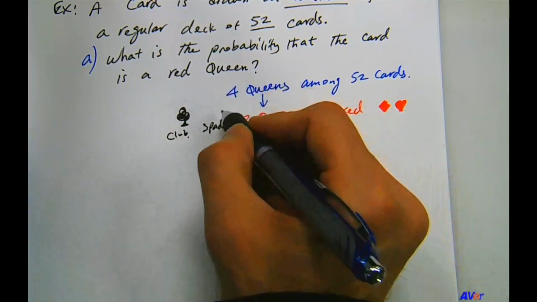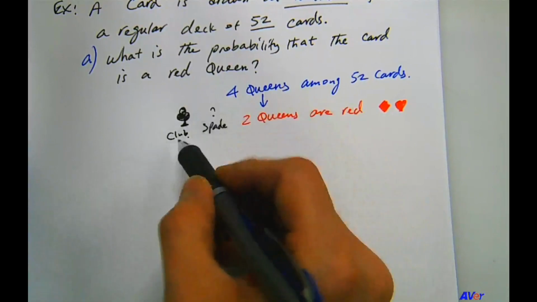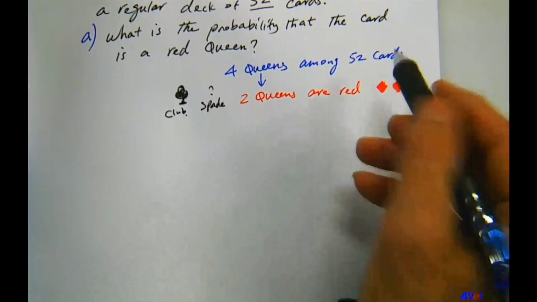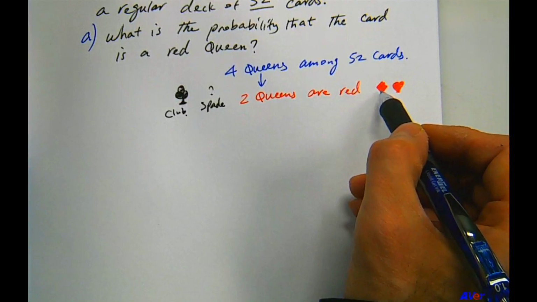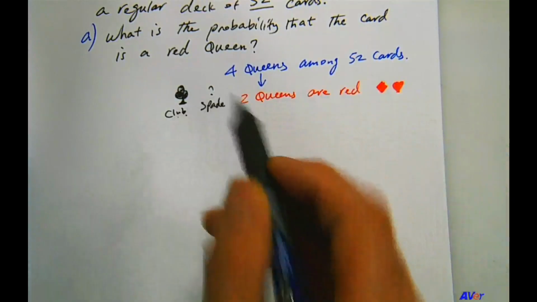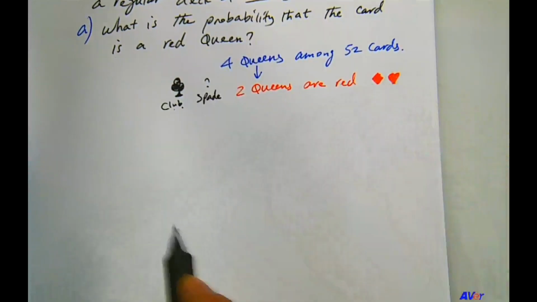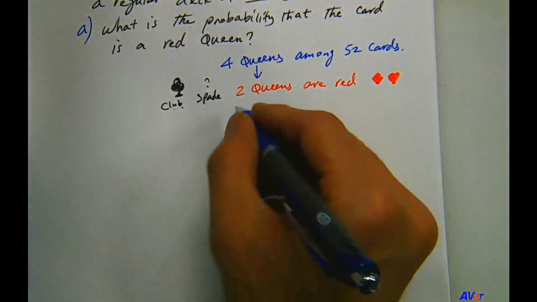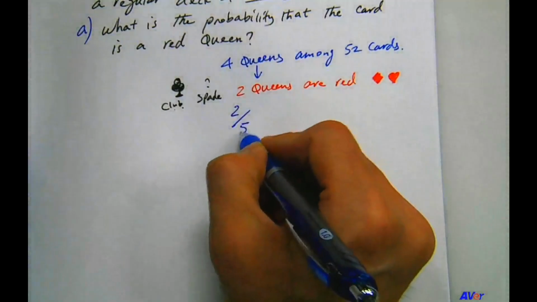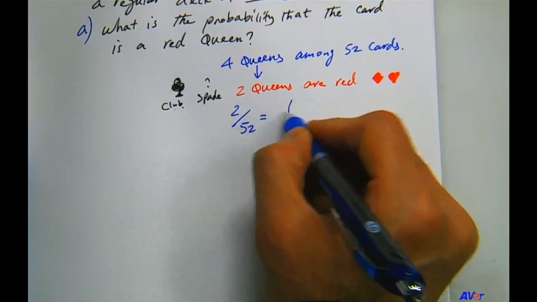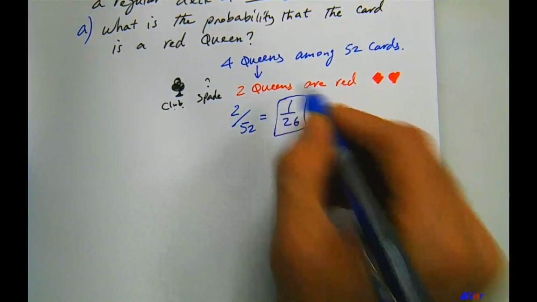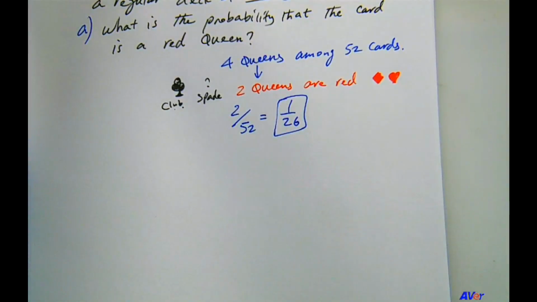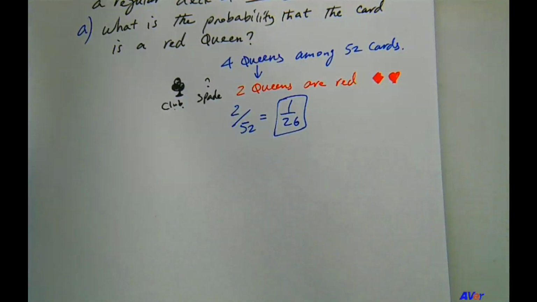I forgot how to draw that, but these are the other 2 types of queens: queen of diamond, queen of heart, queen of club, and queen of spade. So 2 of them are red out of 52. So this calculation would be simply 2 divided by 52, or 1 over 26. Okay, we can convert this to a decimal value.